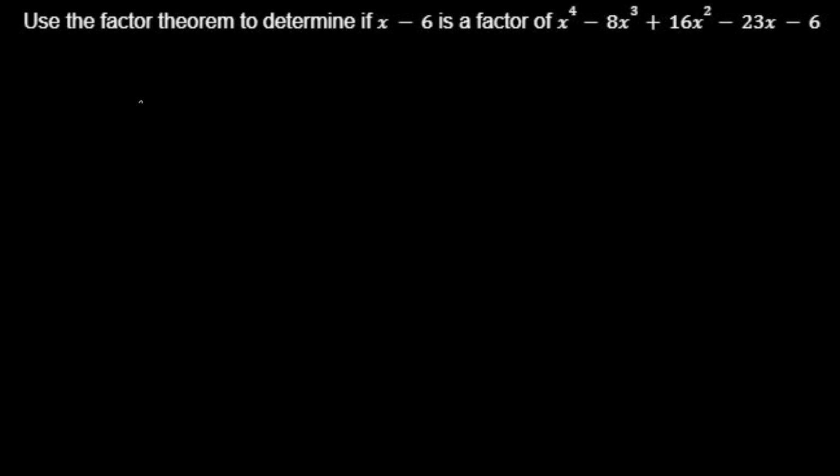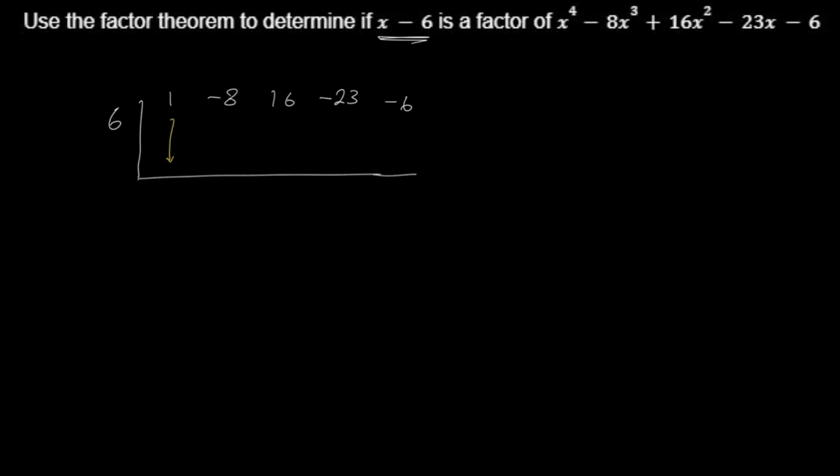We can set up the synthetic division with 1 as the leading coefficient, negative 8 for x to the third, 16 for x squared, negative 23 for x to the first, and negative 6 for no x. And on the outside, we would have the opposite term of our divisor, which would be positive 6.